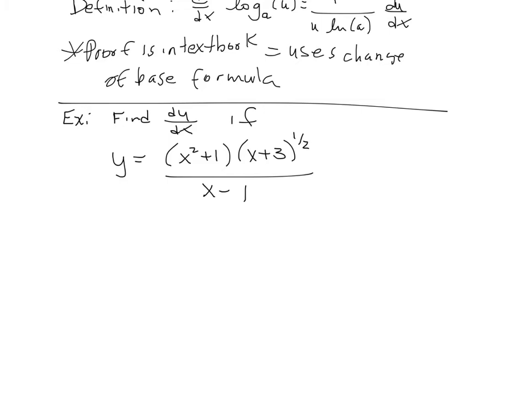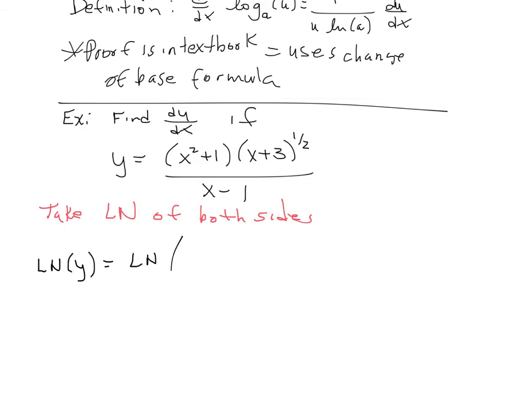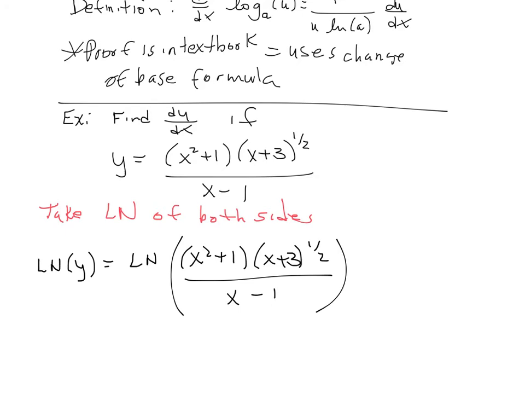If I take natural logs of both sides, so I'm going to have ln of y equals ln of x squared plus 1 times x plus 3 to the 1/2 over x minus 1.